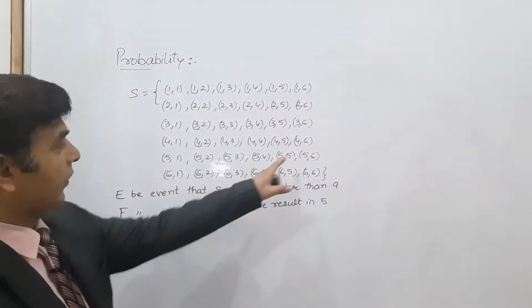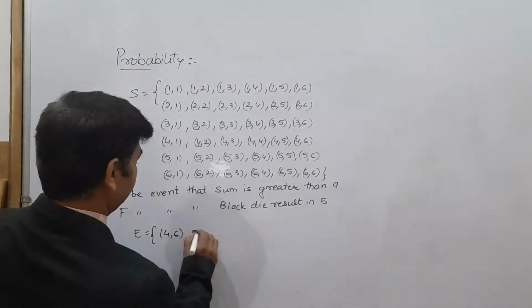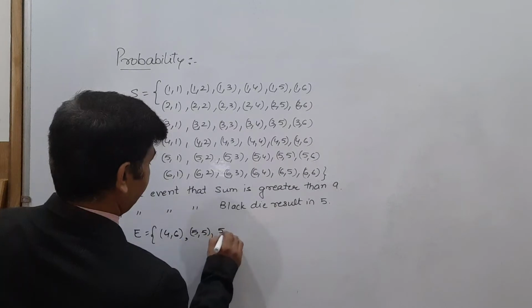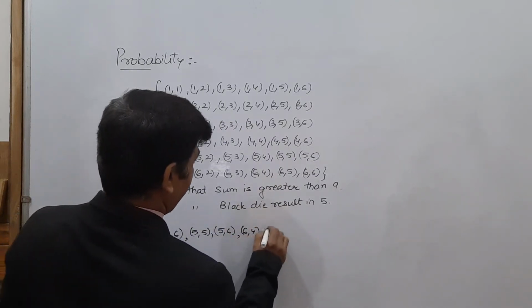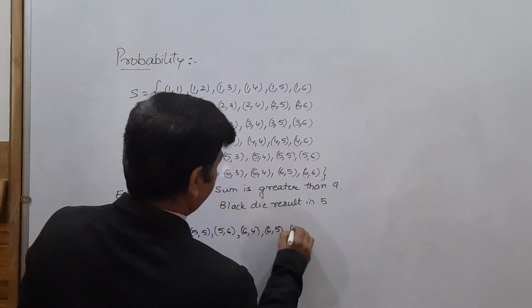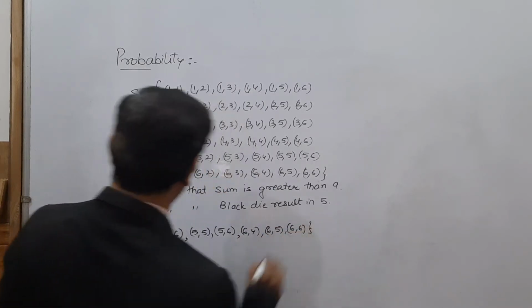Now we take 4 6, whose sum is 10. Then 5 5, 5 6, and for the next row, 6 4, 6 5, and 6 6. So this is your E.